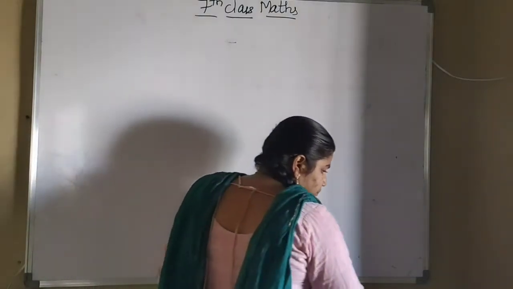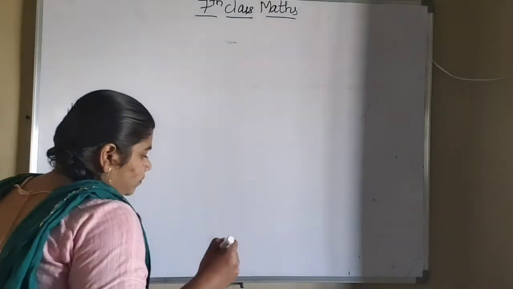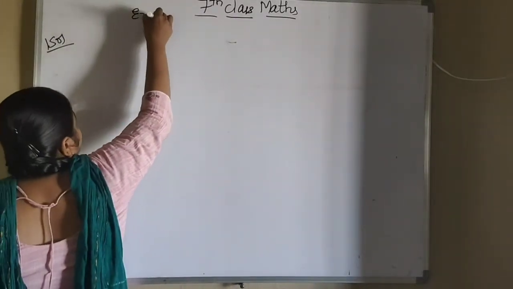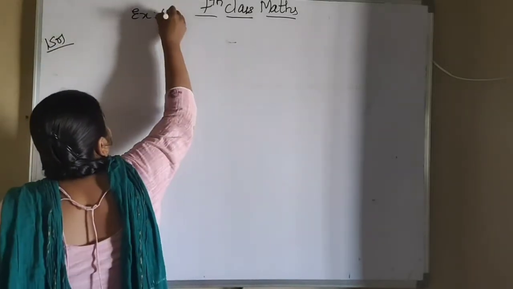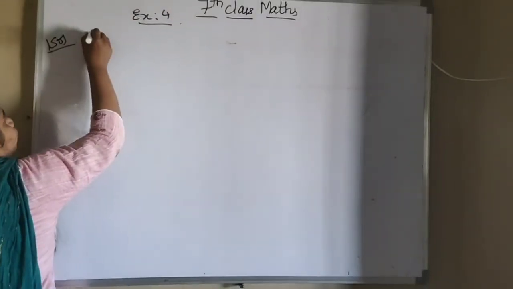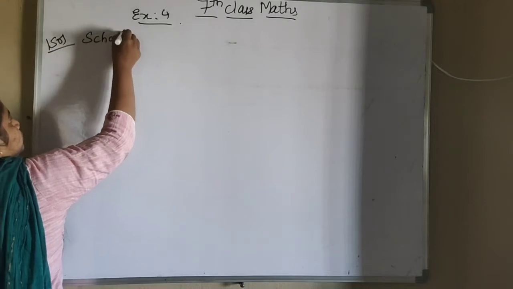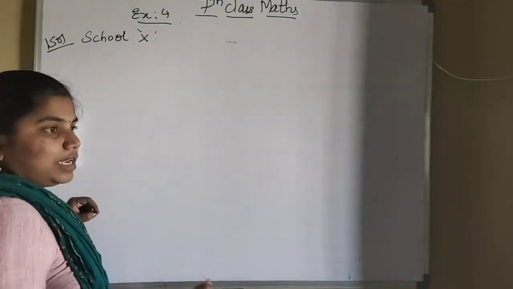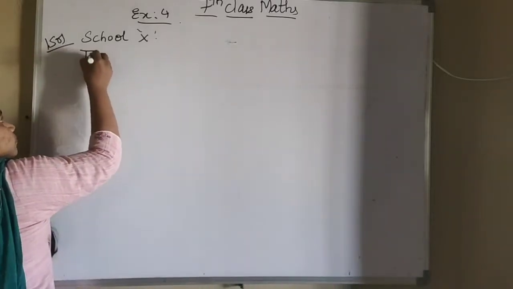So here, first the solution for exercise 4. First we are talking about school X. In school X, the total number of students is how many?